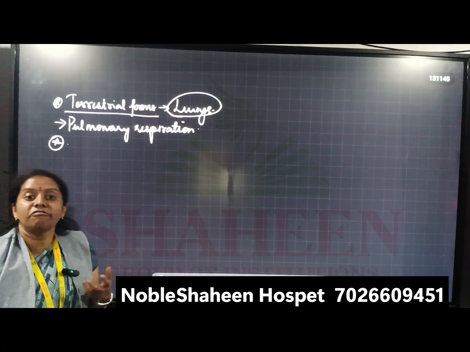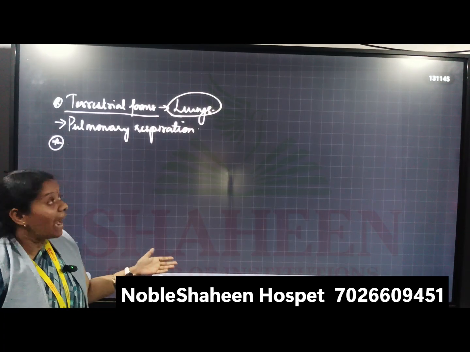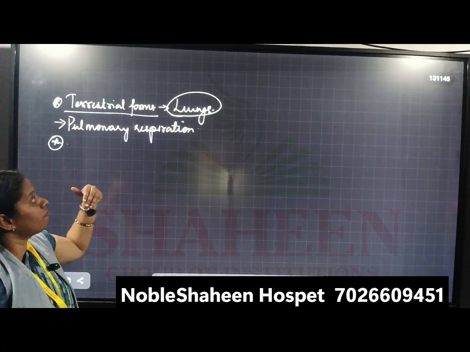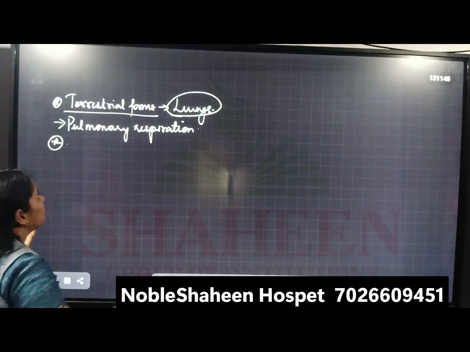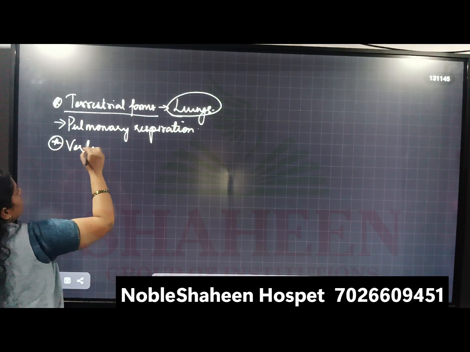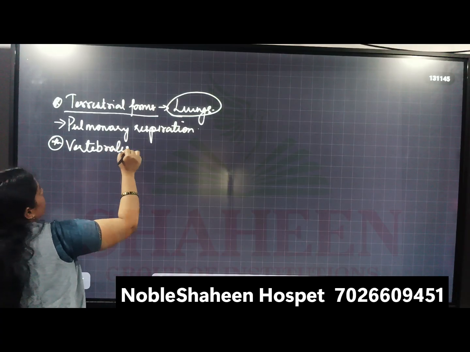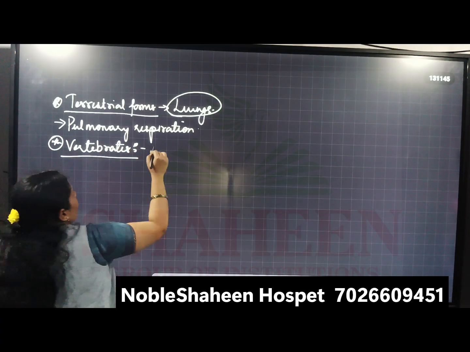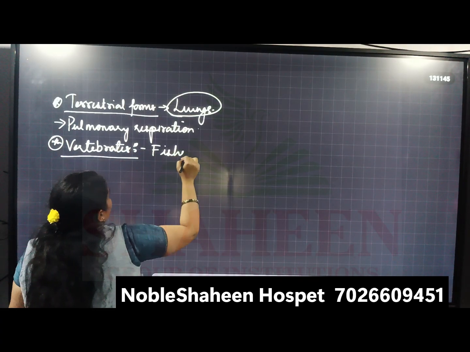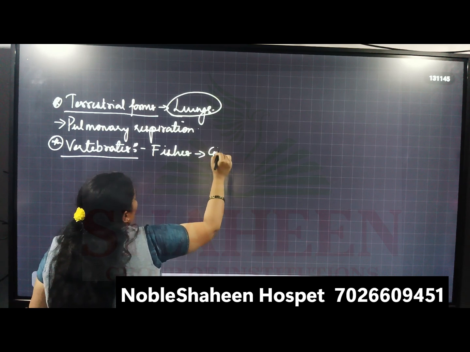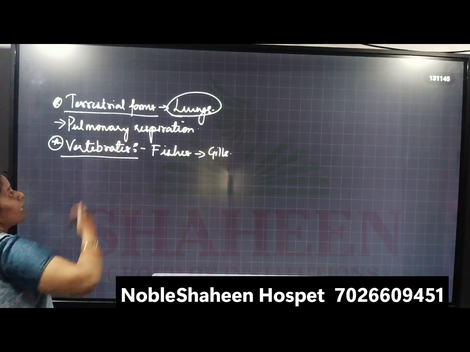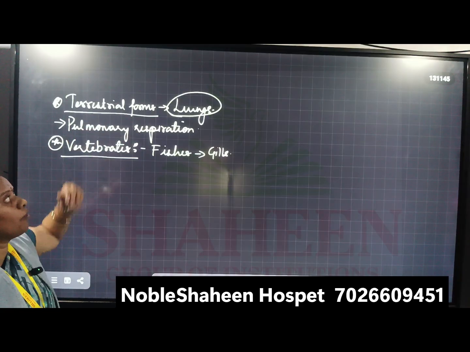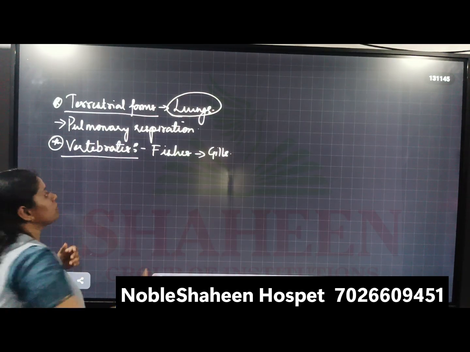Next, what about in fishes? It was gills, and in the case of terrestrial form, it was lungs. Okay, let us take this part as invertebrates. Fishes will breathe with the help of gills, and all the other higher animals, they are going to breathe with the help of lungs.